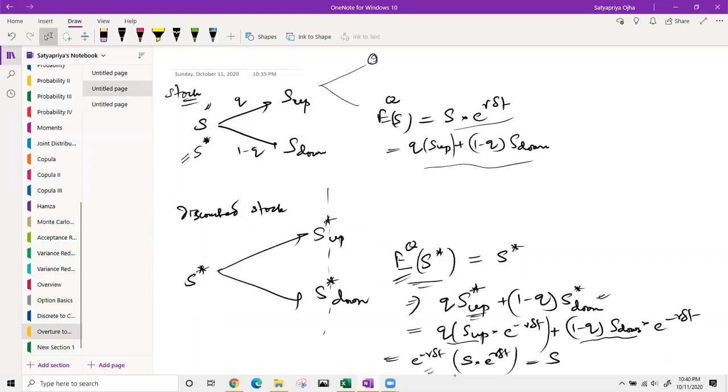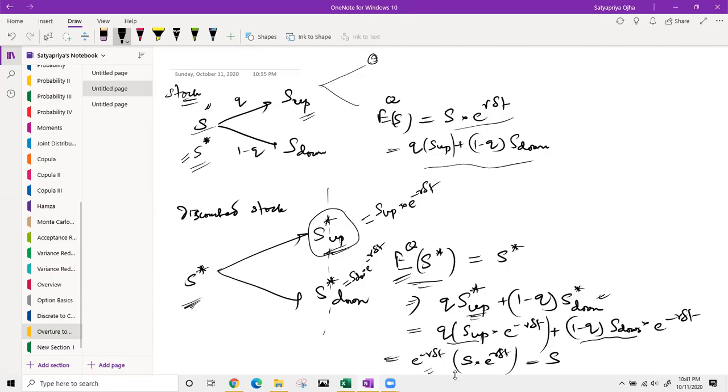So S equals S star at this point, but S up will not be equal to S star up because there is a discounting factor e to the minus R delta t involved here. This is S up e to the minus R delta t, and this is S down times e to the minus R delta t. This is very fundamental and very important.